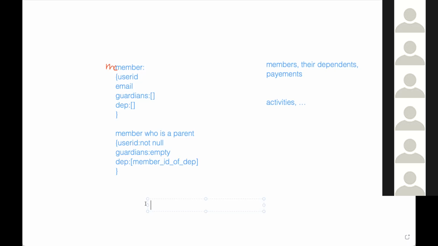Okay, makes sense. So one question I have, again, going back to the members and dependents. In the case of the dependents, what will be the user ID? Will they share the same user ID as the member, or will they have their own user ID?